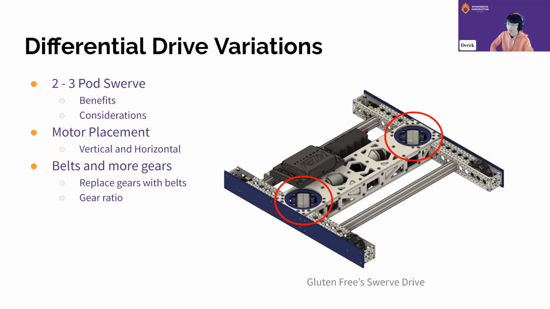Another thing is the ground clearance, but that's just due to mounting. With 2 pods, you have to have a bunch of dead wheels on either side, and what that can introduce is your robot will get very close to the ground. That's also very inconvenient if you try to go over a ground junction for this season anyway.